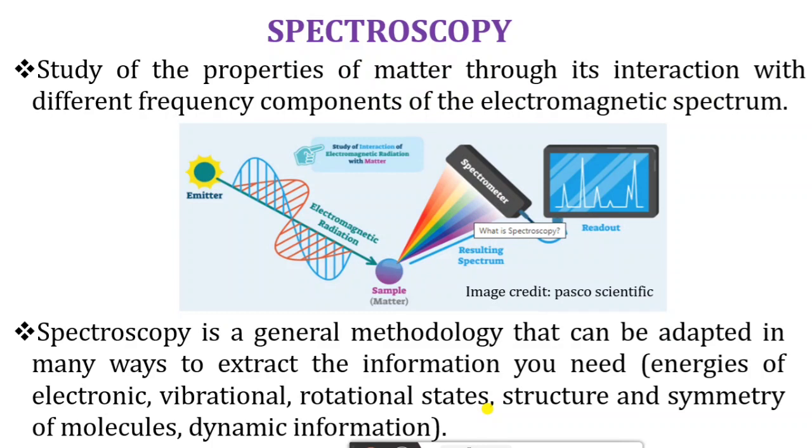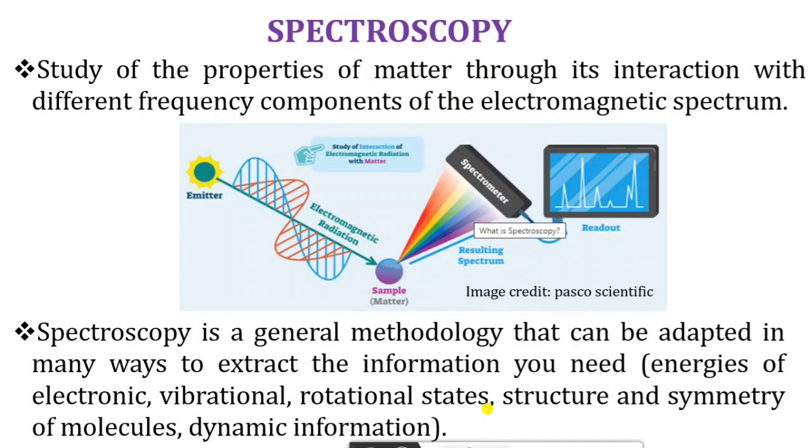Also, it is known as vibrational spectroscopy. Another one is microwave or rotational spectroscopy. This spectroscopy employs the use of microwave radiations, and we analyze the interaction of these radiations with the matter.